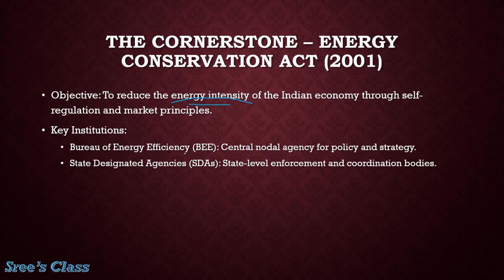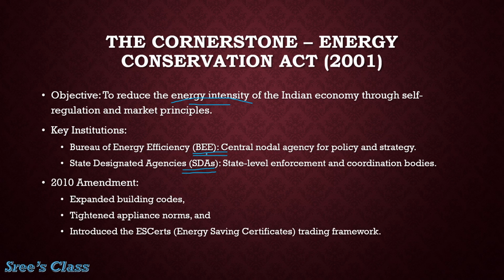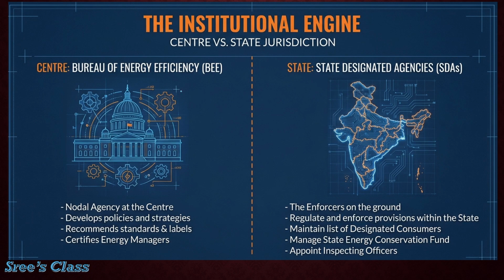Bureau of Energy Efficiency, almost everybody knows, I hope. And there is another called SDA, state designated agencies. The Bureau of Energy Efficiency is a central agency, a nodal agency at the center to implement the EC Act, Energy Conservation Act.